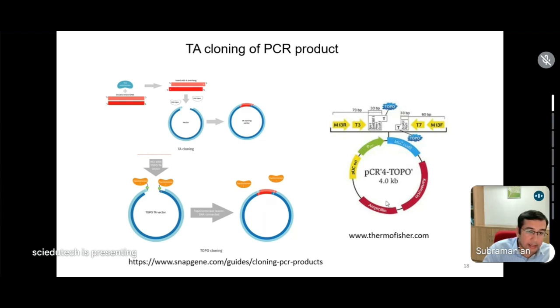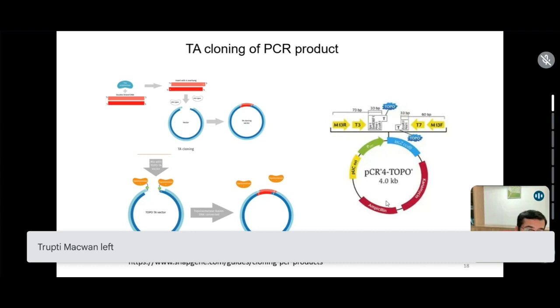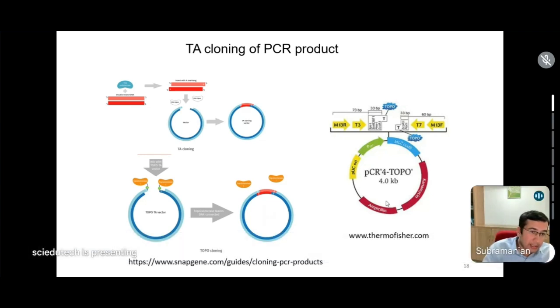Topoisomerase is removed and your gene of interest goes in. So basically what you do is you make an A overhang, and there are T overhangs on your TOPO vector after restriction digestion. So these A and T match, and you have the insert cloned into the vector.